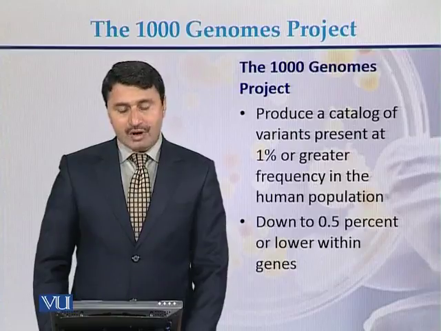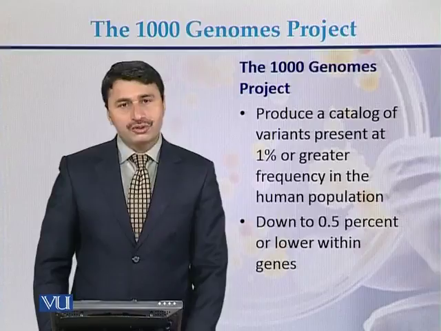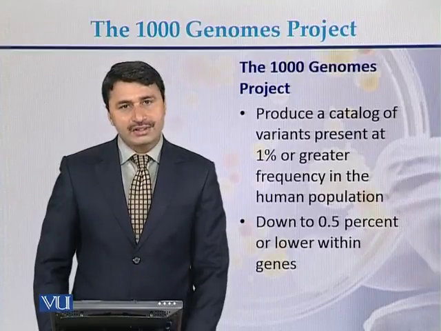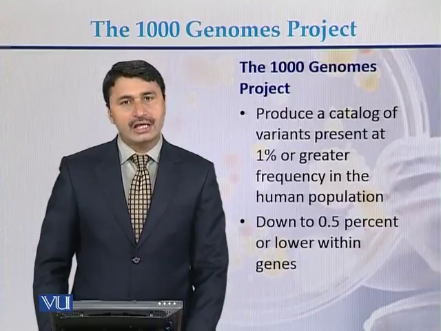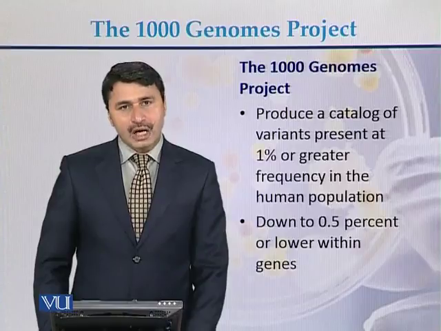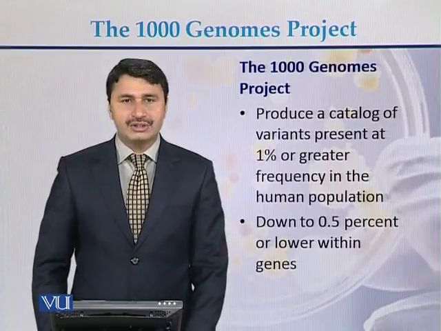The objective of the 1000 Genomes Project was to produce a catalog of variants present at 1% or greater frequency in the human population, and ultimately to go down to 0.5% or lower within the genes.